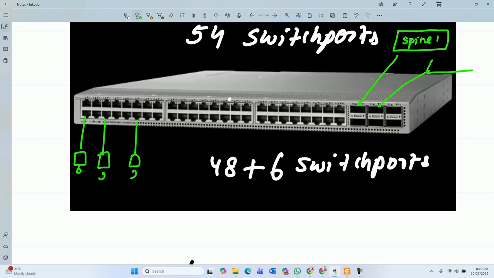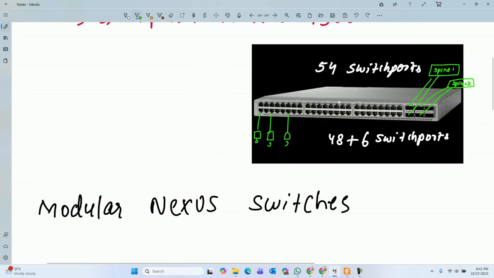This interface might be going to another spine, or there's a possibility that I'm using multiple interfaces with one spine. Due to the bandwidth requirements, I can add more interfaces also, and the bandwidth of these interfaces is always going to be higher than these interfaces. So these interfaces are known as uplinks. Make sense now?